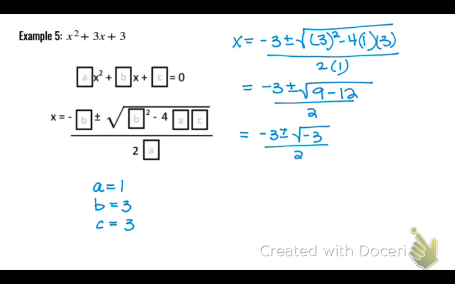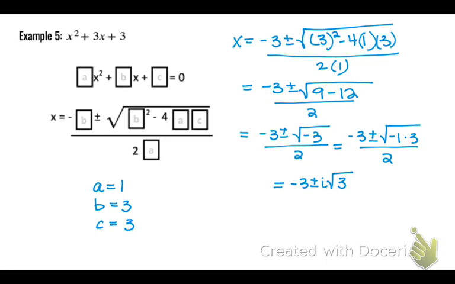But remember that this is going to be the same as the square root of negative 1 times 3. The square root of negative 1 is our imaginary number. And so we bring that i and we write it right outside of the radical. So now I have just the positive 3 left under the radical.